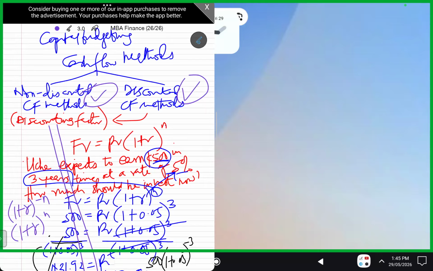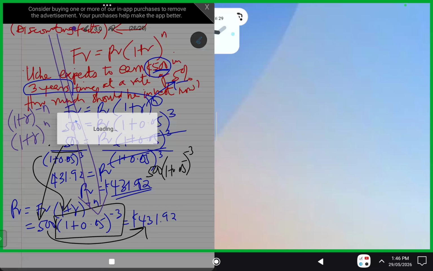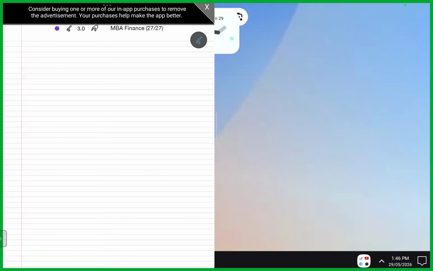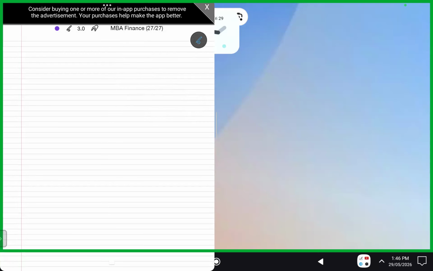The discounted cash flow methods say that we discount the future values by using the discount factor. Non-discounted means without discounts.